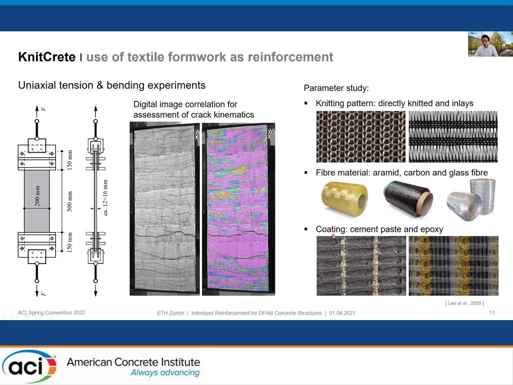We are doing a study to see how the cement paste coating or the more conventional epoxy coating perform. This is an extensive experimental campaign done by a doctoral student, Minuli, working on this topic. We have done uniaxial bending tests, and now we are analyzing the shear capacity.